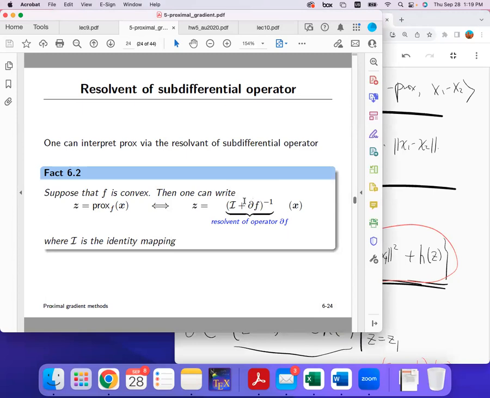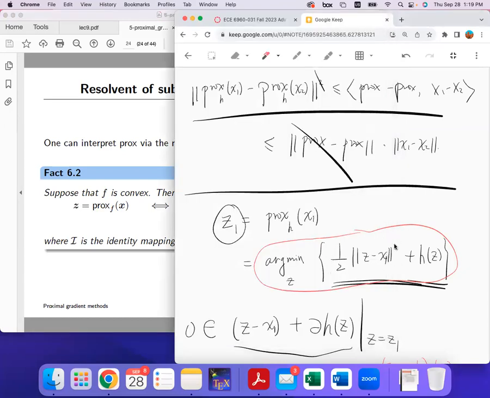So you see, if we ignore this identity, directly taking the inverse of this subdifferential may not exist. That inverse may not exist because that corresponds to removing this quadratic term. Once you remove this quadratic term, we are directly looking at minimizing this h function. The function itself may have multiple minimizers, right?